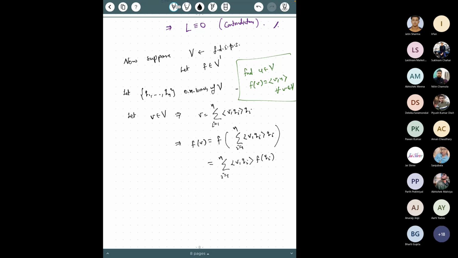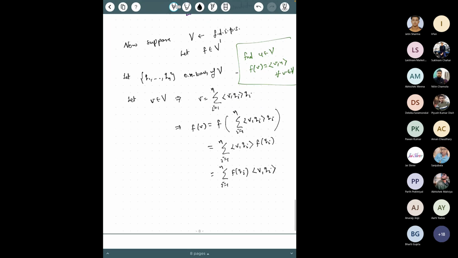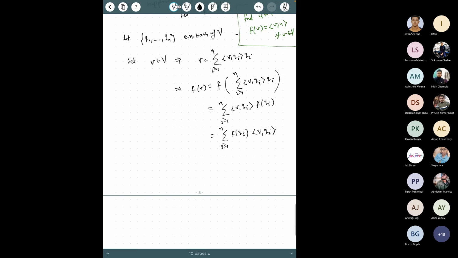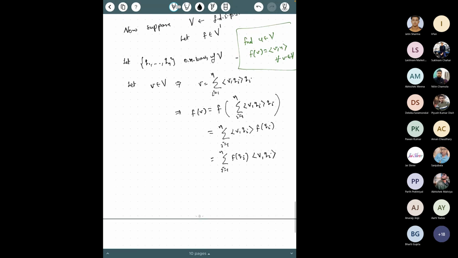Now f of qi is also a scalar, since f is a linear functional. So I'll write f of qi first here. Okay, so I'll just rewrite this thing. I'll write it as f of qi times the inner product of v comma qi, because both are scalars, so I can write it in this way.